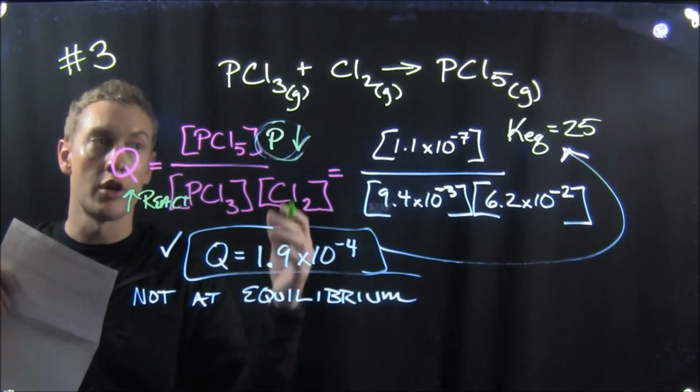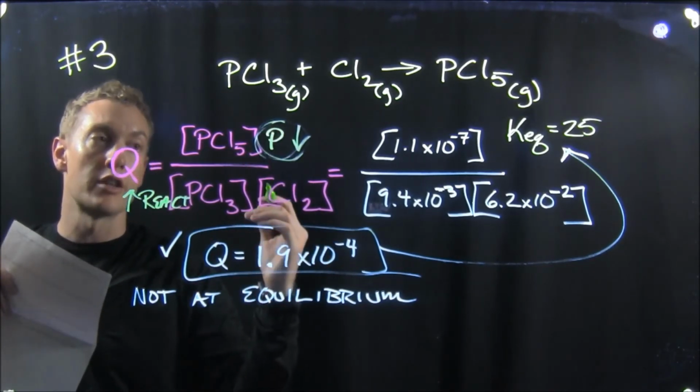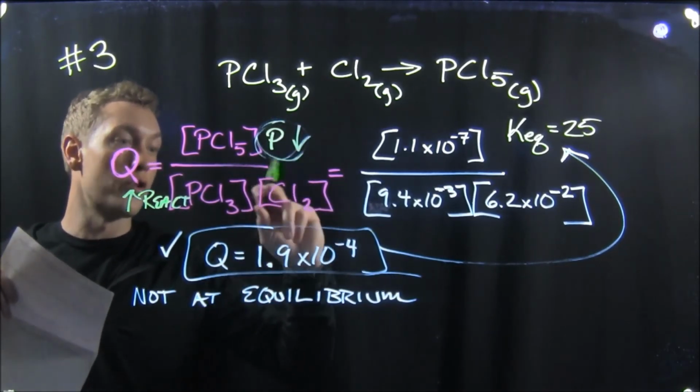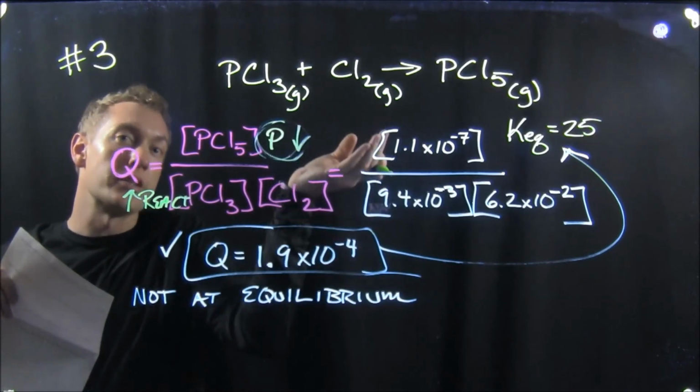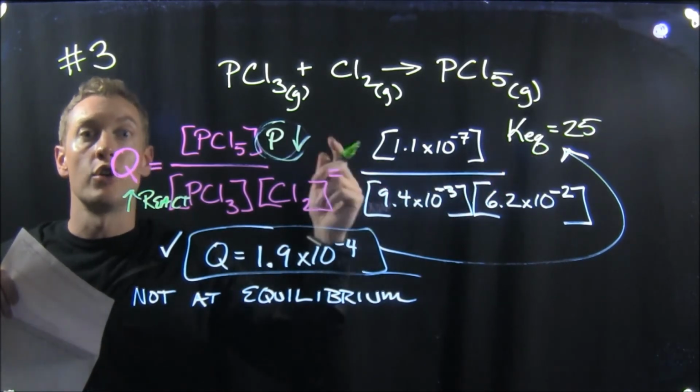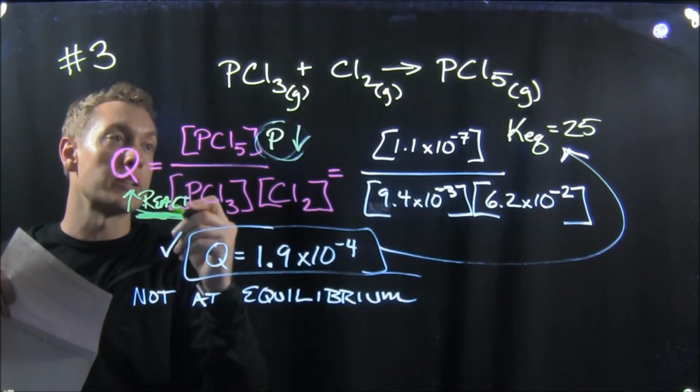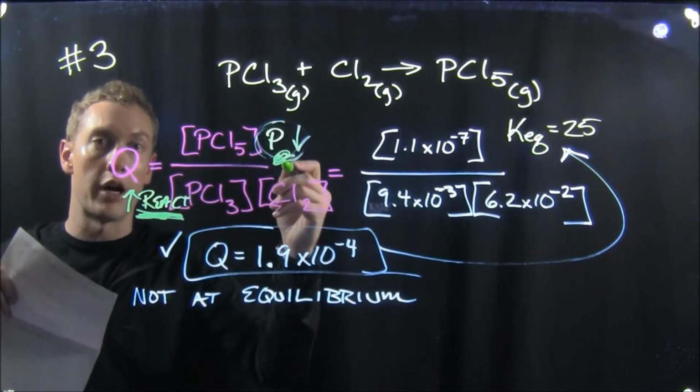That's the way math works. 1/10 is smaller than 1/5. So in order for this Q value to rise up to 25, you are going to have to turn a lot more of these reactants into more of the products.